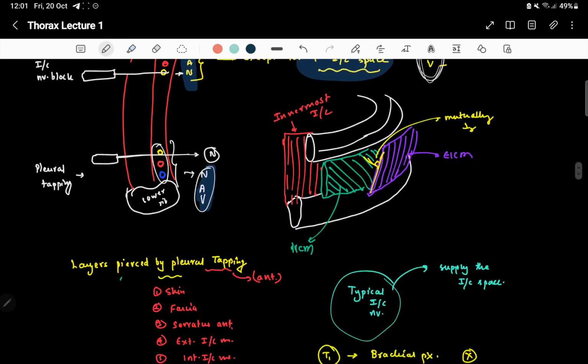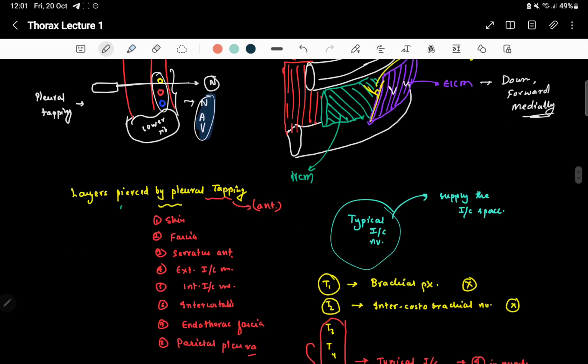Here is the arrangement of the muscles, the directions in which the muscles lie. The external intercostal muscles run downward, forward, and medially.